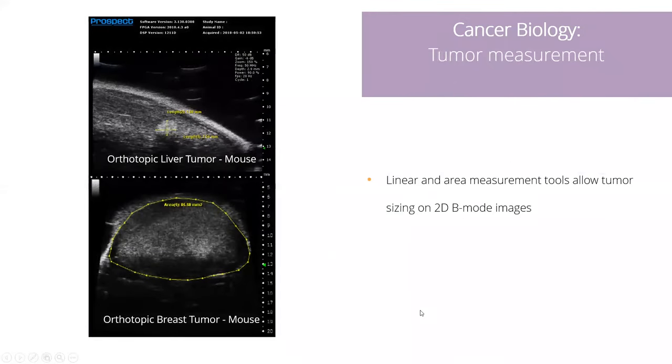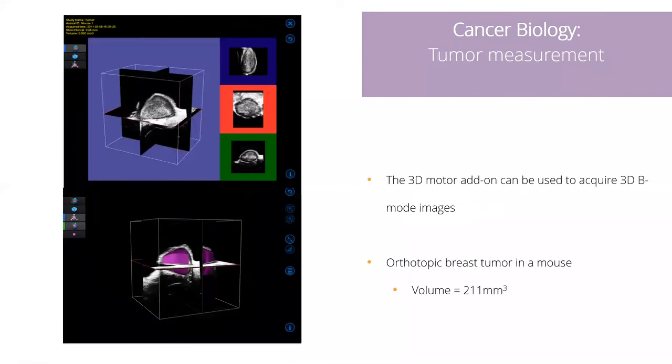We of course want to make measurements, and so here on a B-mode image we can do either linear measurements or area measurements. And this is simply within a two-dimensional image. But as I mentioned earlier, we have that 3D motor which can be added onto the scanning platform. And again, what that's going to do is translate the animal underneath the probe and take multiple two-dimensional B-mode images and restack them together to create your 3D volume or your 3D image.